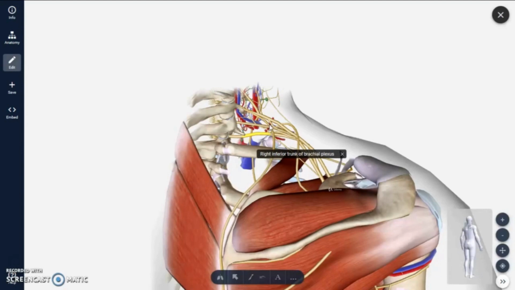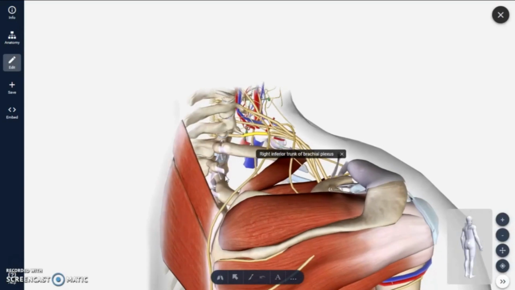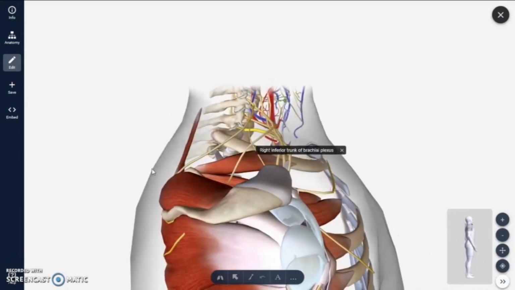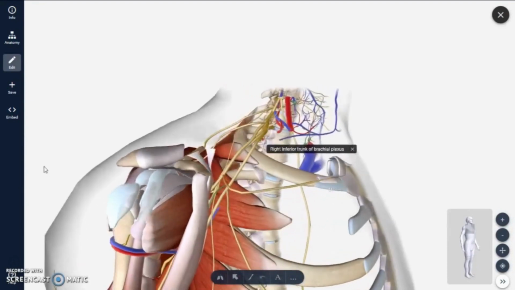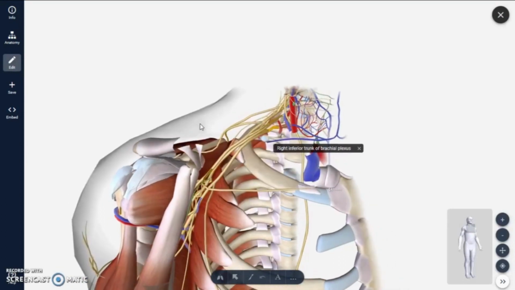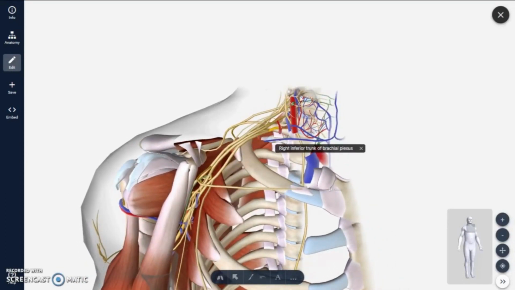Now we have divisions formed by these trunks that we can make out clearly. In this image, in anterior view, we can see somewhat. It may not be so clear, but you can make it out here. So this is the upper trunk, right?